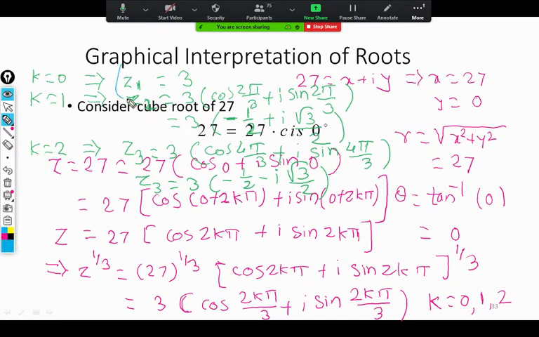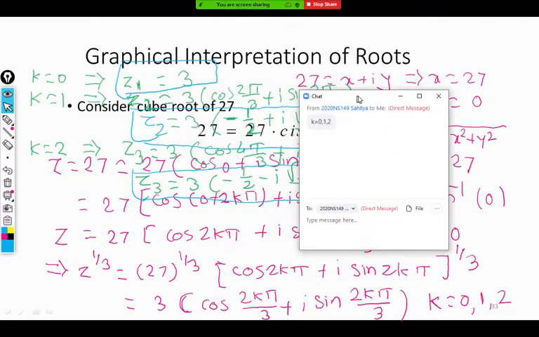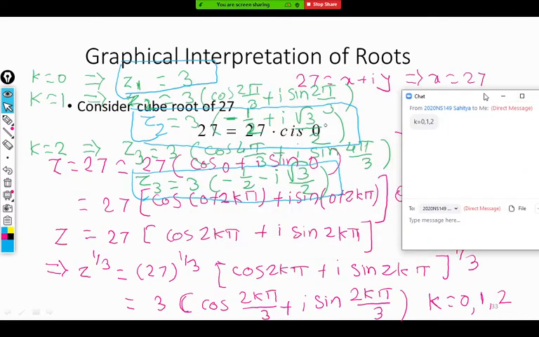The final answer, you should highlight this one: Z1 equal to 3, Z2 equal to this much, and Z3, yes, it is somewhat overwritten, but I hope you can understand this. Is that clear? So that way we get all the 3 roots. Yes, k equal to 0, 1, 2.